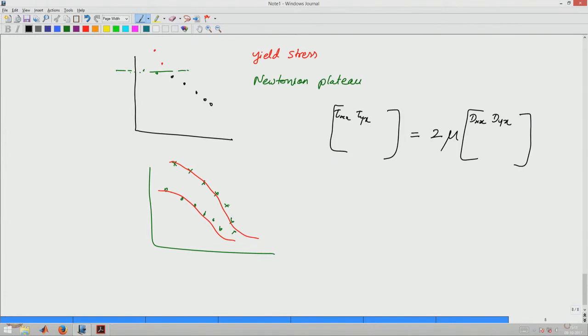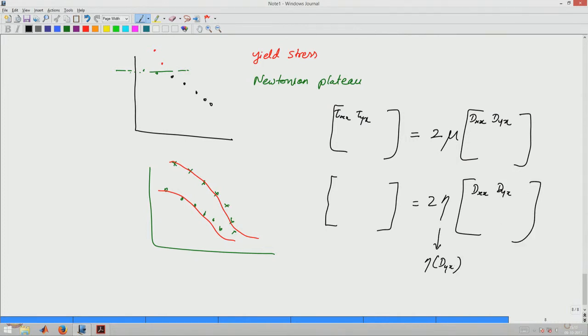So, if we impose dyx, we are only going to get tau yx, and if dyx is constant, tau yx has to be constant, because there is no other dependency. Similarly, the nonlinear viscous model is also 2 eta d, same thing. Only thing is, this is a function of shear rate, but otherwise there is no difference.